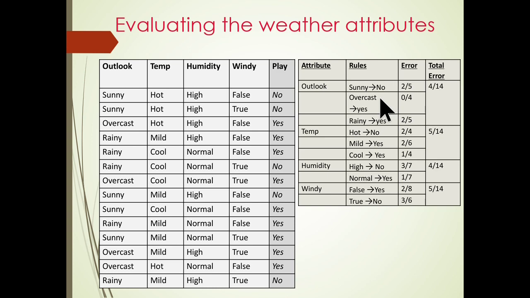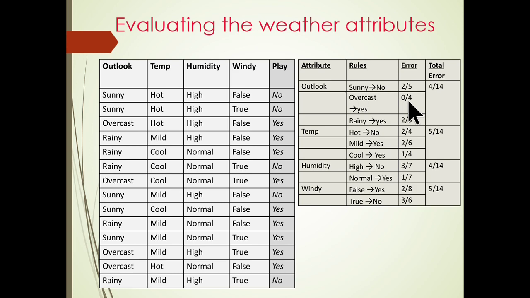Similarly for temp, we have hot is equal to no, mild is equal to yes, cool is equal to yes. Based on these conditions we will get some error values.